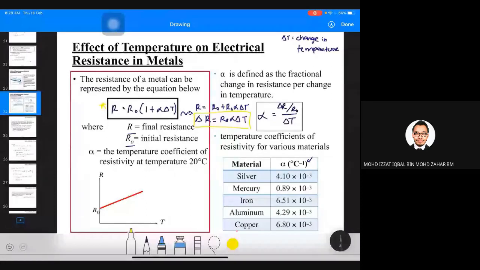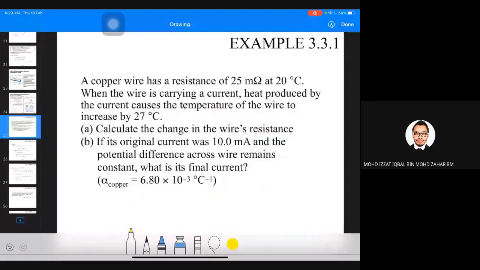Okay, let's try to look at the example. We have example 3.3.1 here. Okay, a copper wire has a resistance of 25 milliohm at 20 degrees Celsius. When the wire is carrying a current, heat produced by the current causes the temperature of the wire to increase by 27 Celsius.